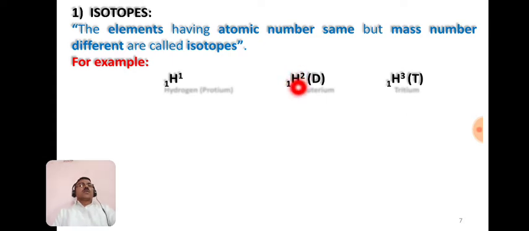Here the symbol capital D is used, as here atomic number is 1 and mass number is 2, so it is the isotope of hydrogen, and it is known as deuterium. It is represented by letter capital D. And here the atomic number is 1 and mass number is 3, and it is known as tritium. It is also the isotope of hydrogen. So these are the three: hydrogen, deuterium, and tritium. These are the isotopes of hydrogen.